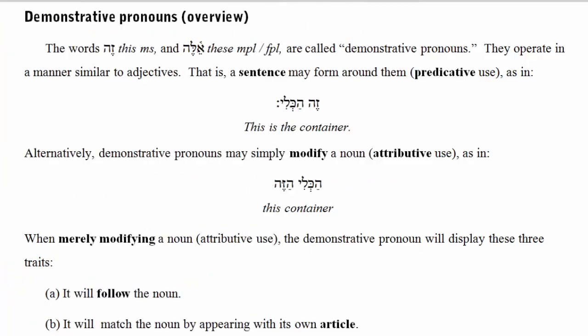It's helpful to think of these demonstrative pronouns as operating like adjectives. Do you recall how it was possible with simply a noun and an adjective to form an entire sentence? Consider this one. Tov hakali.